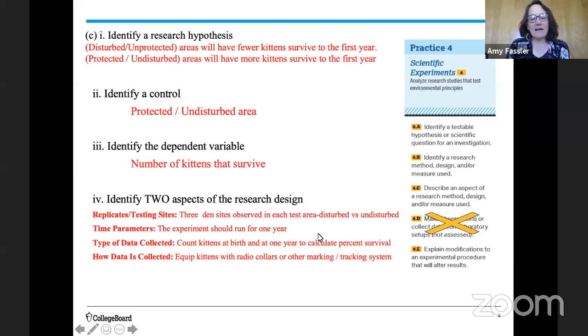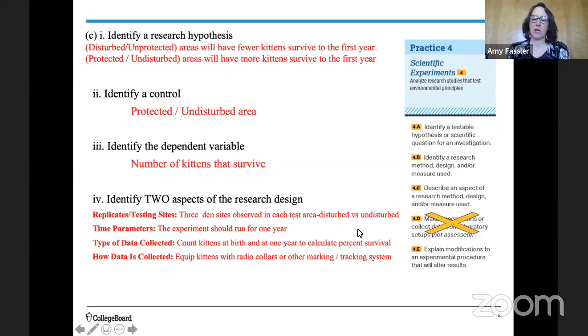So we like to see a minimum of 3 different replicates. At each site, I'm going to track kitten survivorship at 3 different dens to make sure I'm looking at a representative survivorship value in disturbed versus undisturbed.